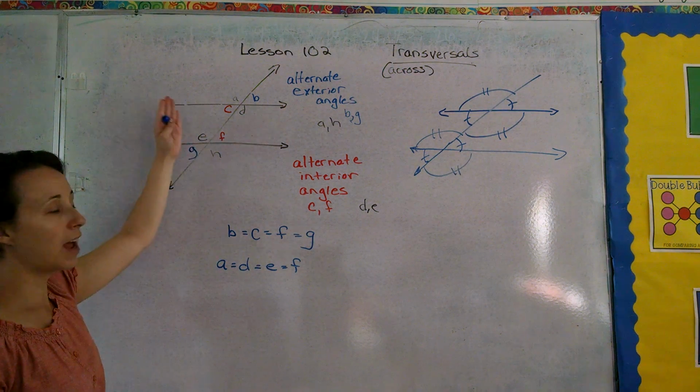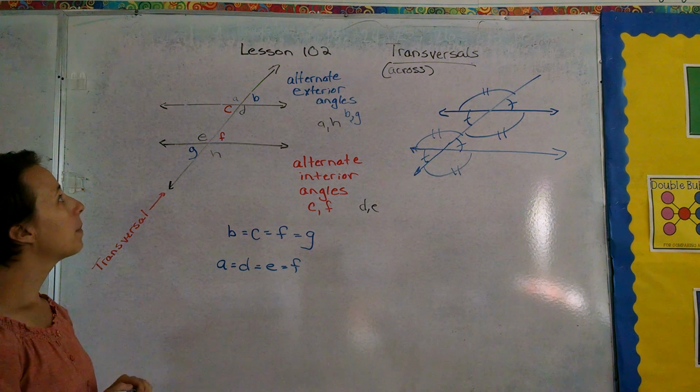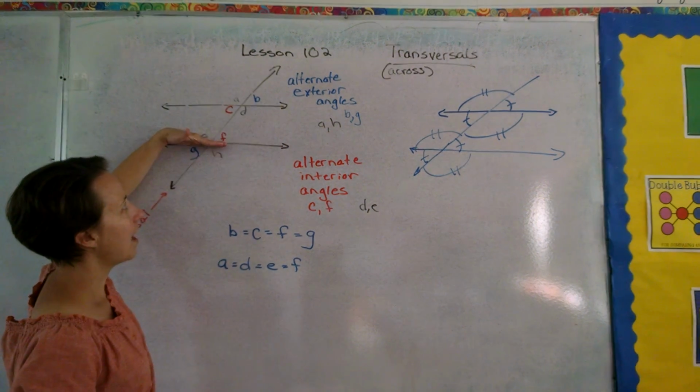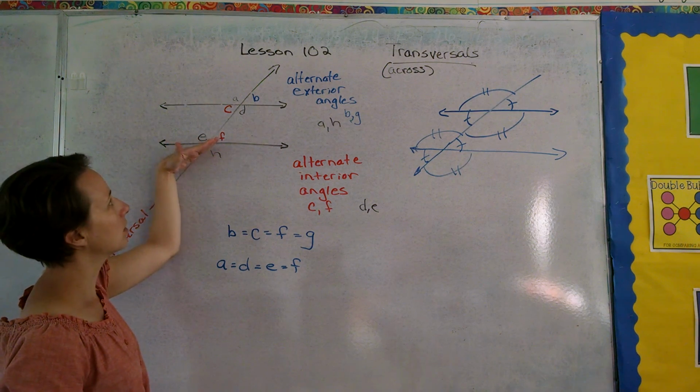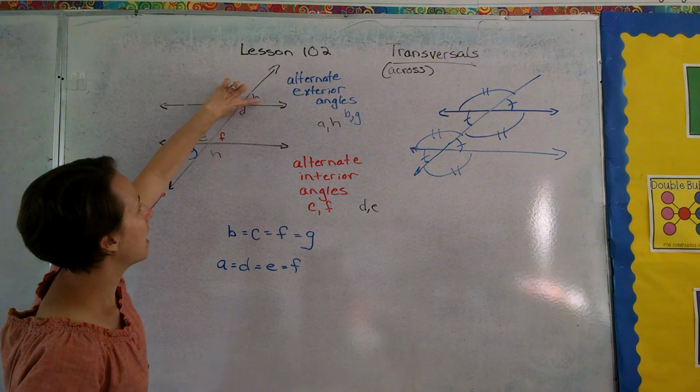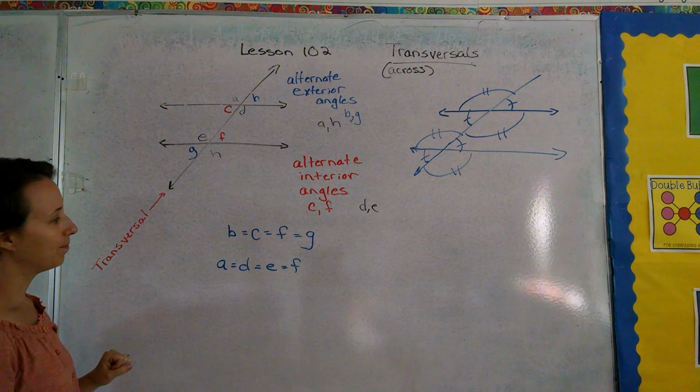If this line was at a different angle, it would be different. But because this transversal is hitting this line and that line at exactly the same angles, these angles are exactly the same, and these angles are exactly the same.